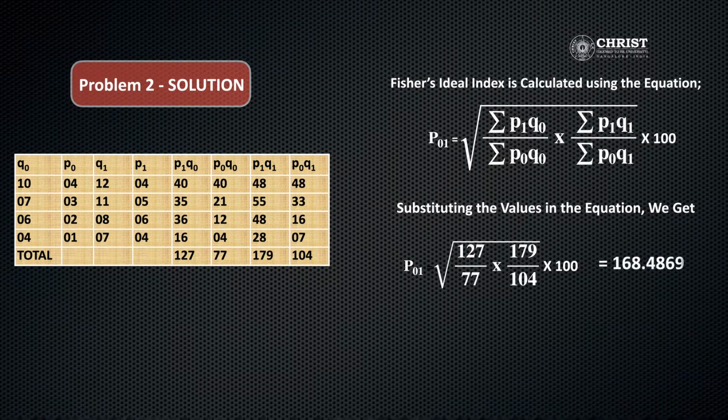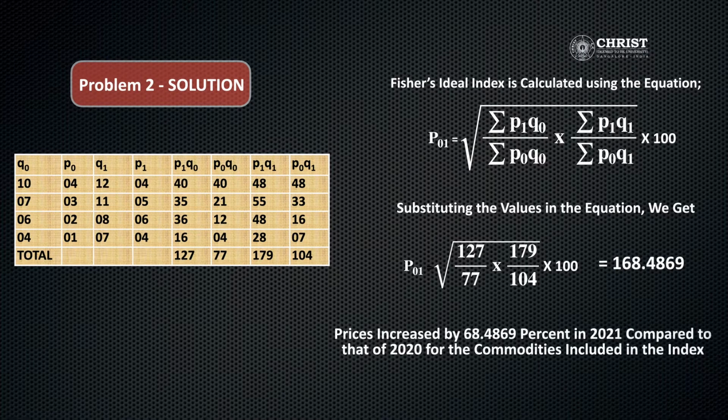So you will get the value as 168.4869. Now we write the interpretation: prices increased by 68.4869% in 2021 compared to 2020 for the commodities included in the index.